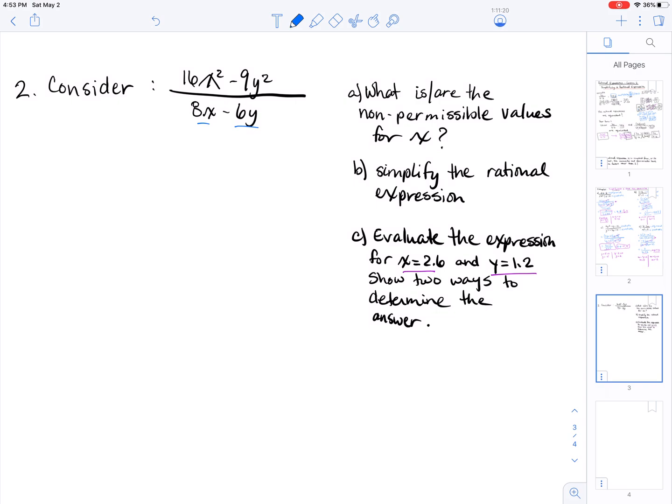So let's factor the top. I have 16x squared, so that's a perfect square. So I have 4x minus 3y and 4x plus 3y. Okay, now I can take out my 2 on the bottom, and that leaves me with 4x minus 3y on the bottom.